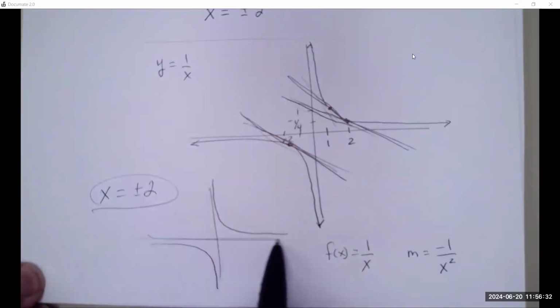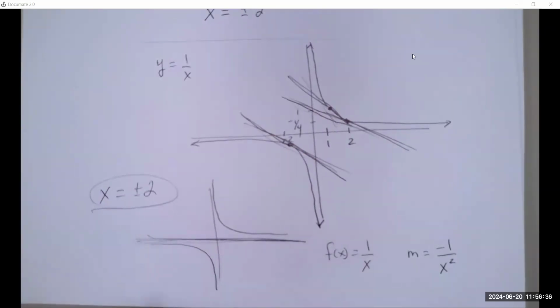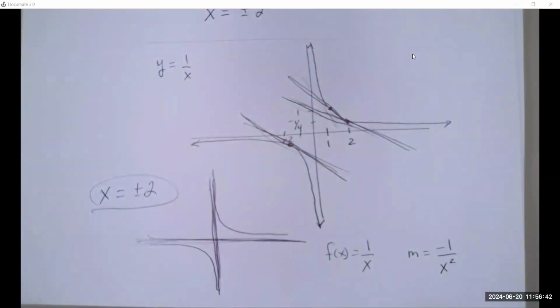It's got a horizontal asymptote at 0, and it's got a vertical asymptote at x equals 0. Think of what we did yesterday. How do we find the horizontal asymptote?